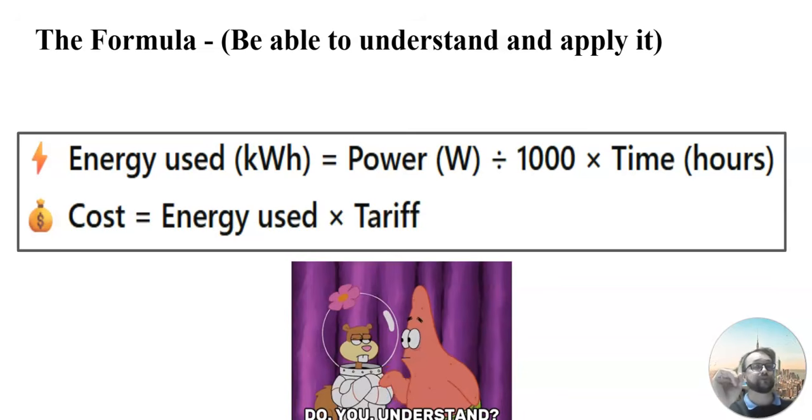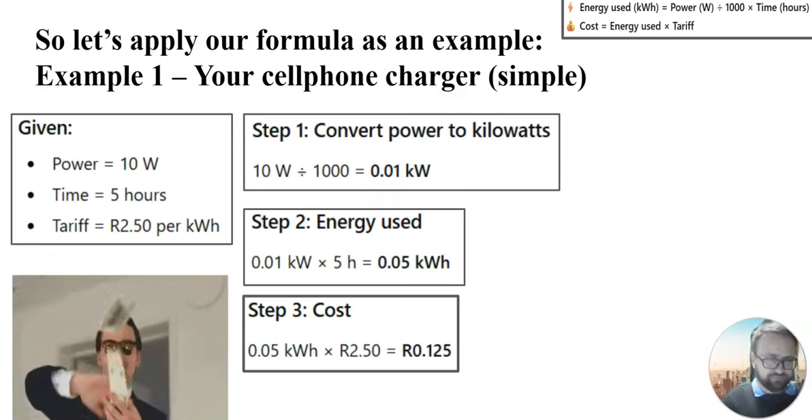Your cost equals energy used times the tariff. This formula is your best friend, not just for today's lesson, but for everything we calculate going into cost calculations in electricity. So please study this, print it out, paste it somewhere, and look at it every day.